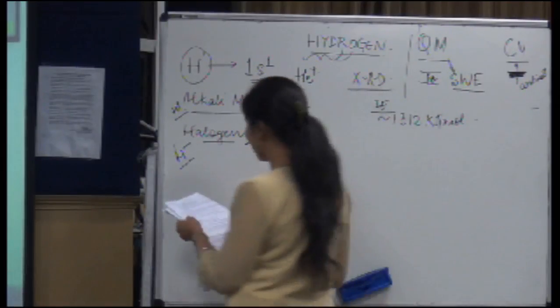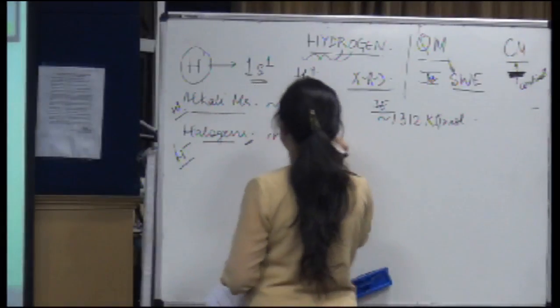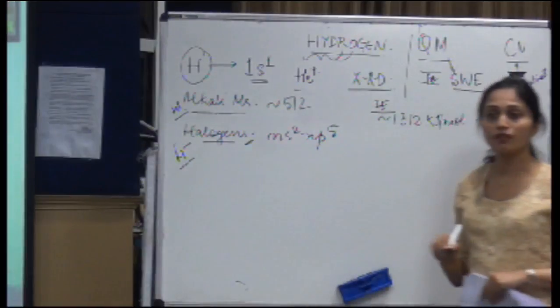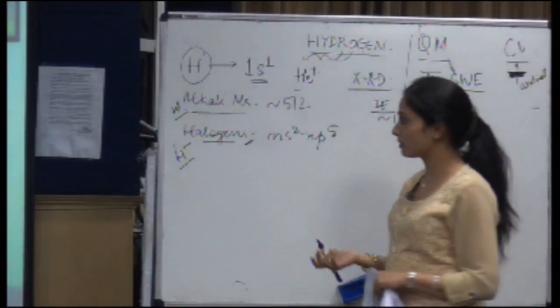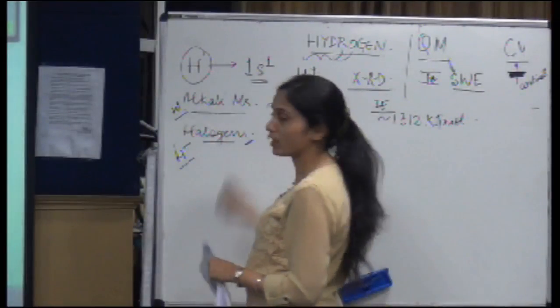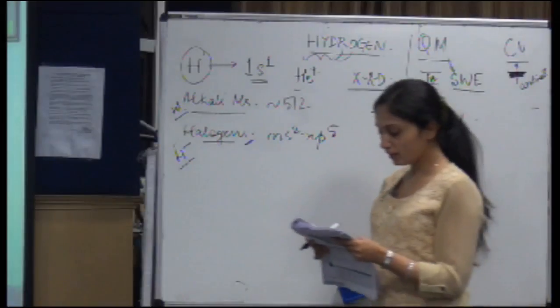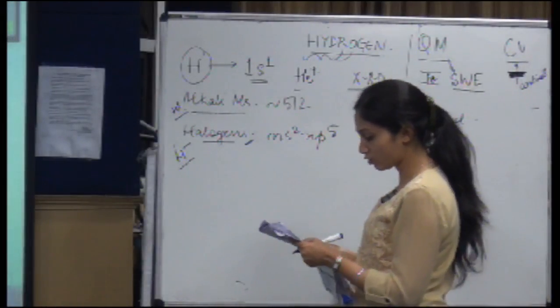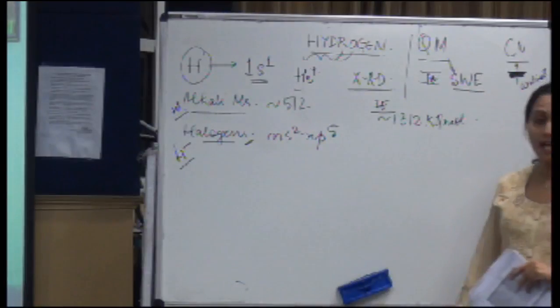Let's talk about them. The outermost configuration of halogens is what? It is ns2 np5: fluorine, chlorine, bromine, iodine. In case of hydrogen, it is 1s1. Both need just one electron to complete the outermost shell configuration. And then the ionization energies are comparable with that of halogens.